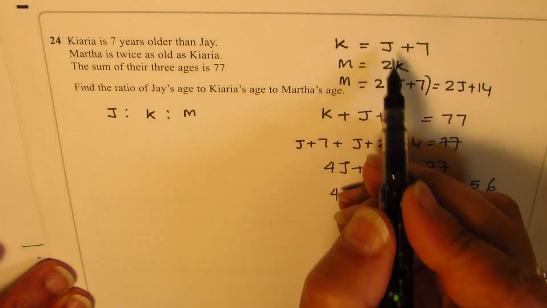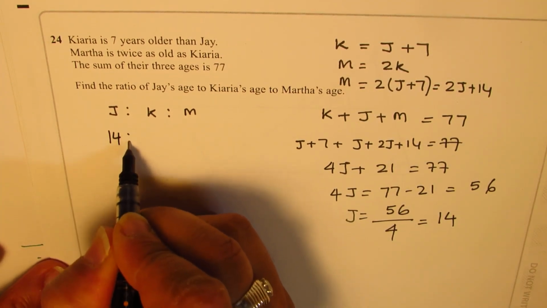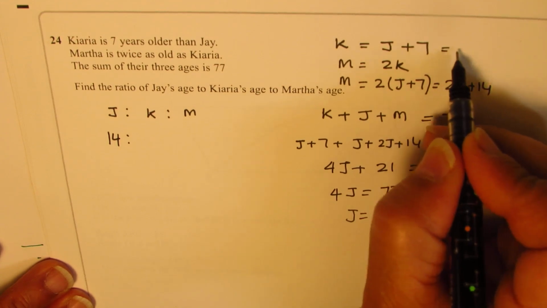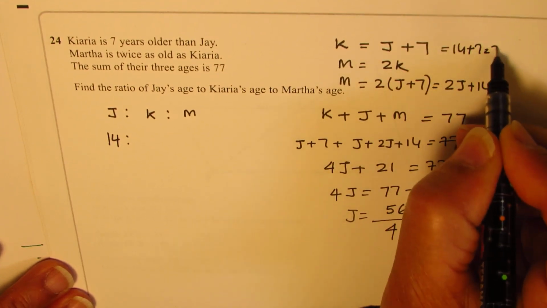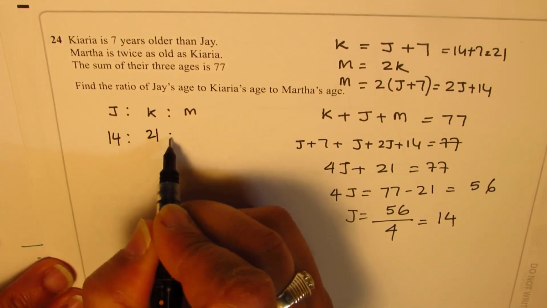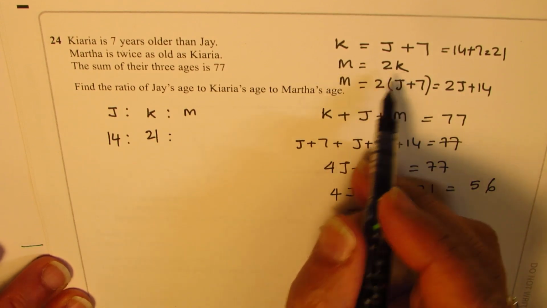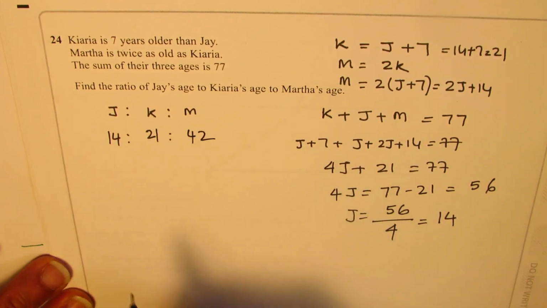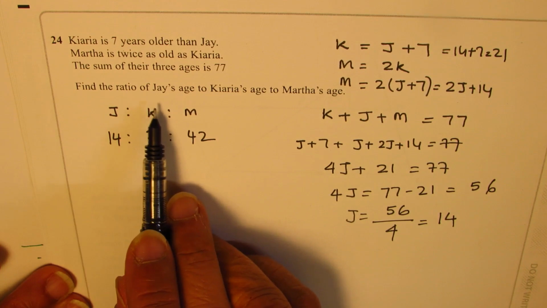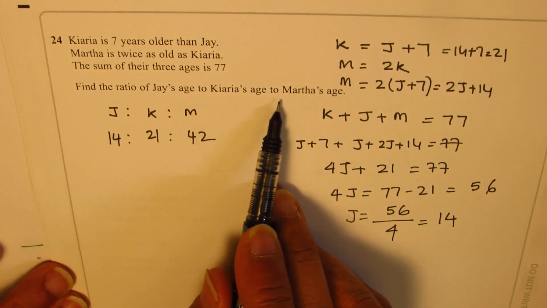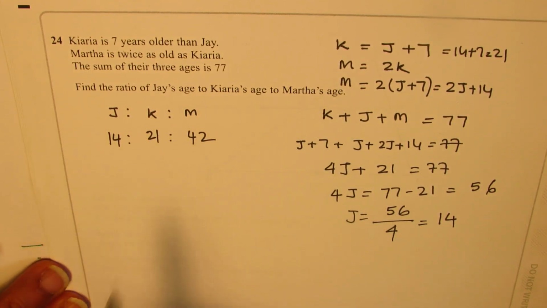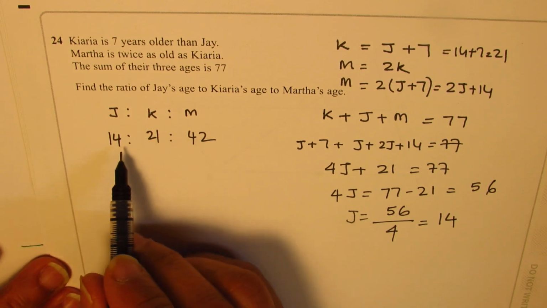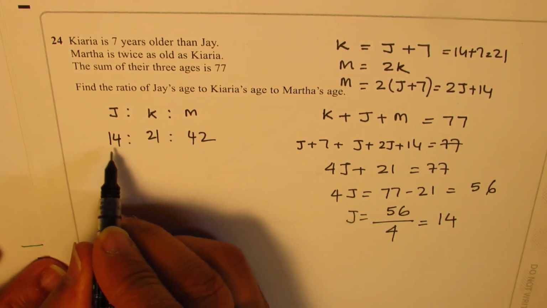Now we know J is 14. K will be equal to 14 plus 7, which is 21. And M is twice K, that means 42. Correct? So find the ratio of J's age to Carrier's age to Martha's age. We can simplify this by dividing by 7.